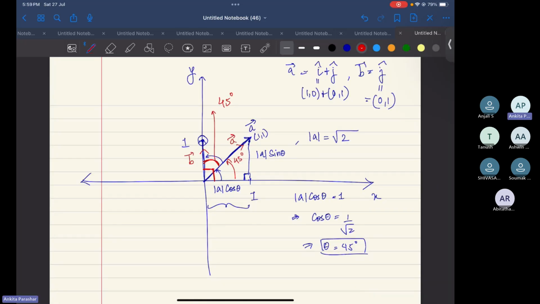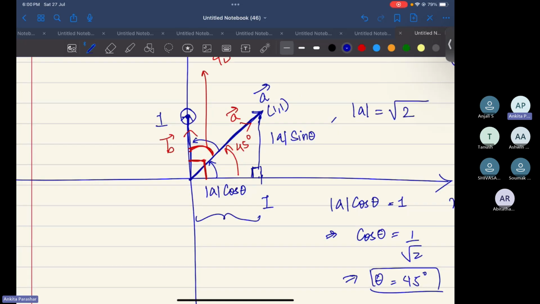Is this okay? Yeah, I'm just using some geometry by representing a vector. So if you have any vector which I'm writing A, then this part is nothing but mod A times cos theta.